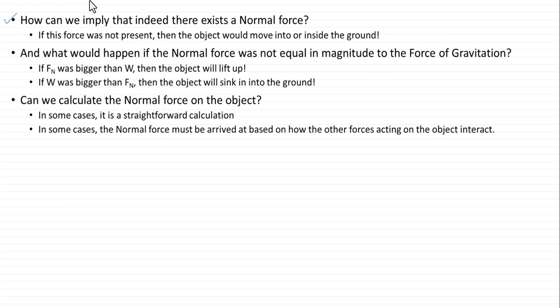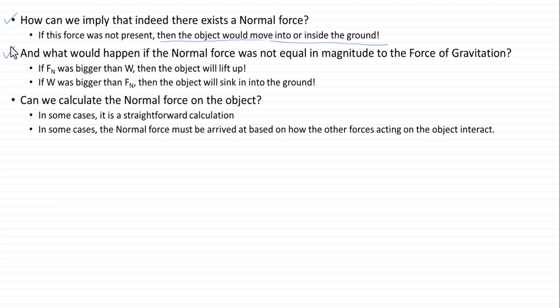Then, as you can understand, it would be only the force of gravitation, and the object would actually move into or inside the ground. Since that is not the case in all the practical problems or numericals that you will have in your syllabus, the object is not moving into the ground. So therefore, definitely there must be a force exerted by the ground on the object, which indeed we call the normal force.